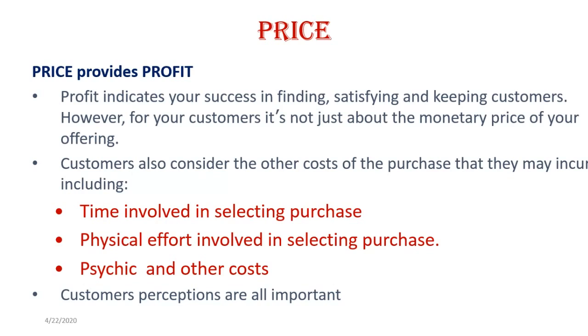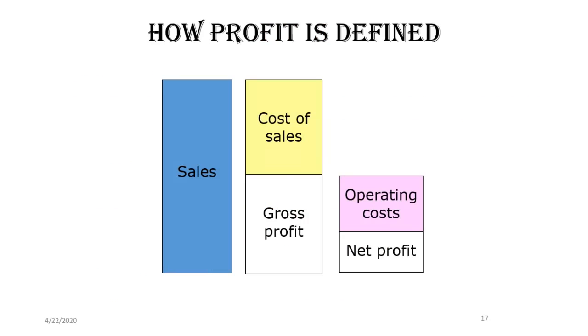Okay. Now, one thing again we want to look at, as the slide shows, is how profit is defined. The block that is showing blue is your sales. That is your total turnover for a particular period of time.